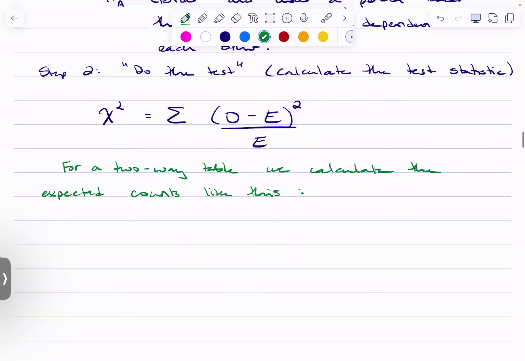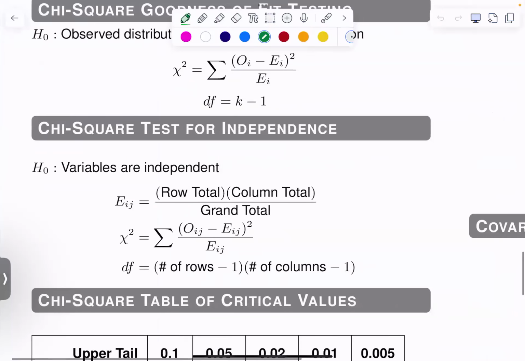So for each cell, and how does it read on the formula sheet? For each cell, the E_ij, the ith row and the jth column, that's all it's saying, is the row total for that cell times the column total for that cell divided by the grand total.